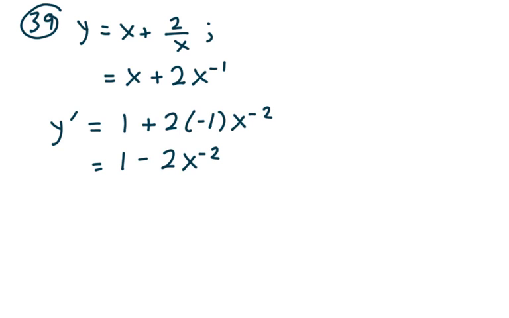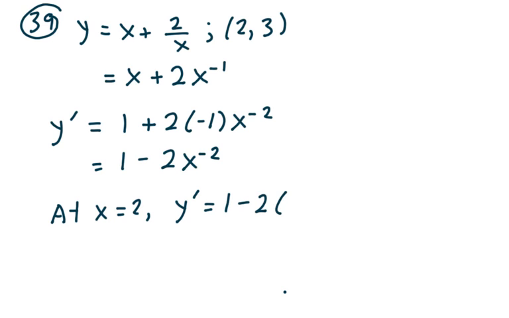Now, the ordered pair, by the way, here is (2, 3). So notice when x is 2, y is 3. So I'm going to go ahead and plug in x equal 2 because I need that slope. So at x equal 2, y prime is 1 minus 2 times 2 to the negative 2, which is equal to 1 minus 2 over 4, which is a half, by the way.